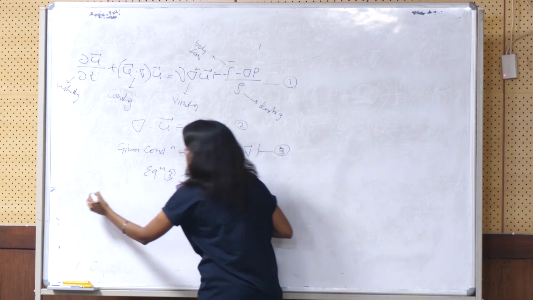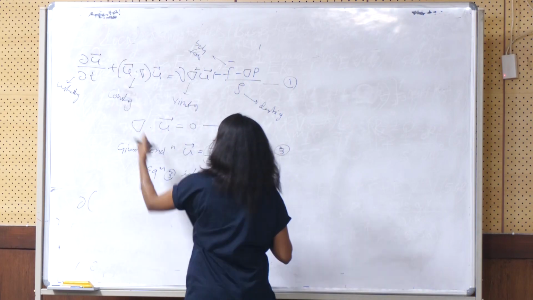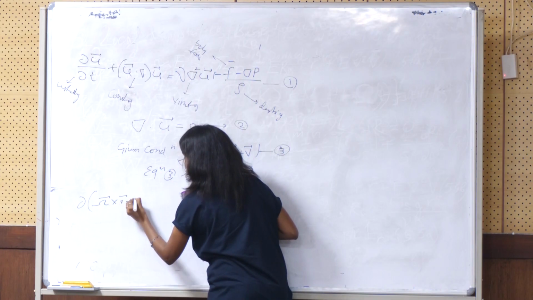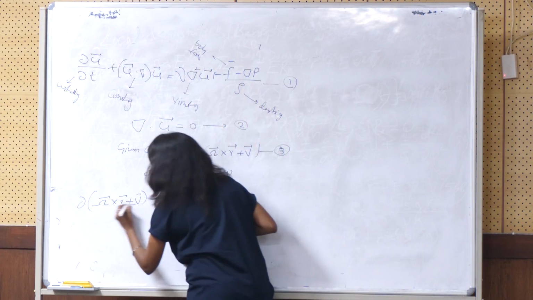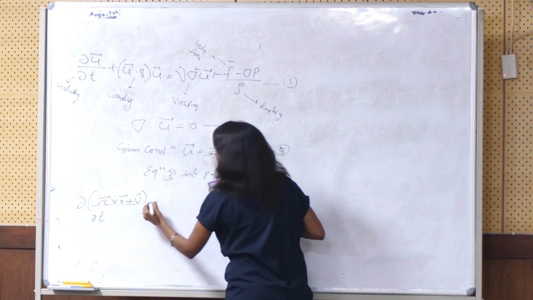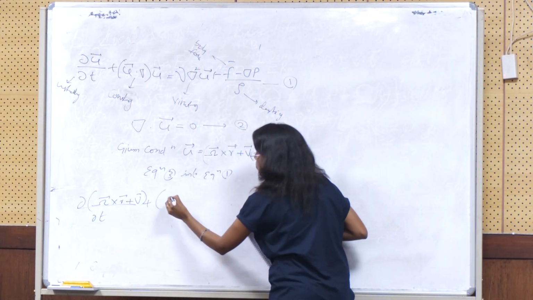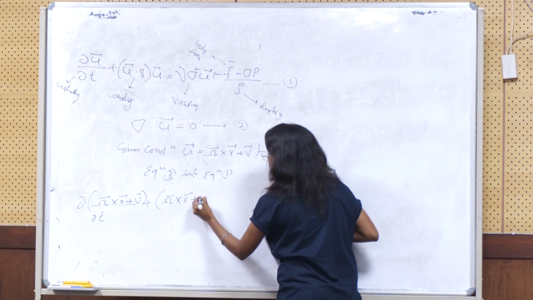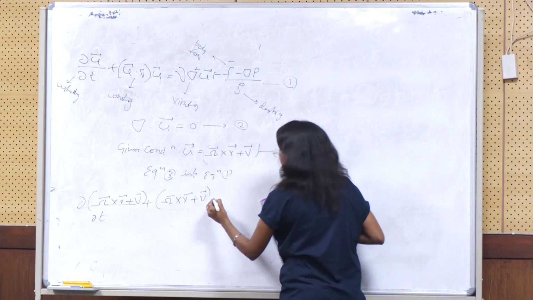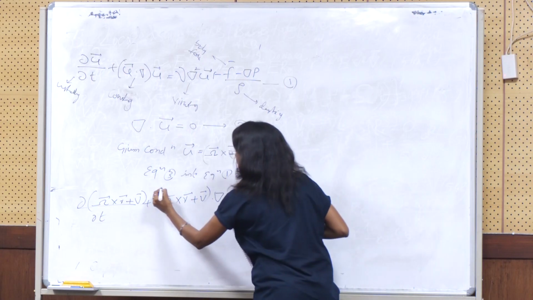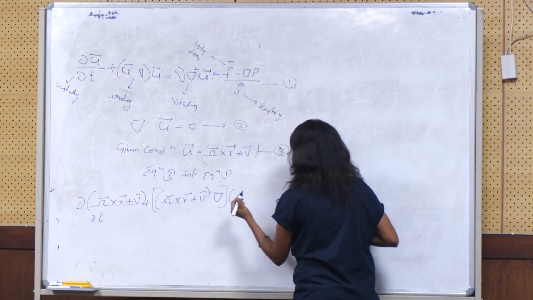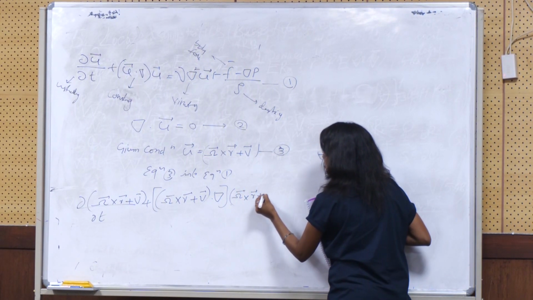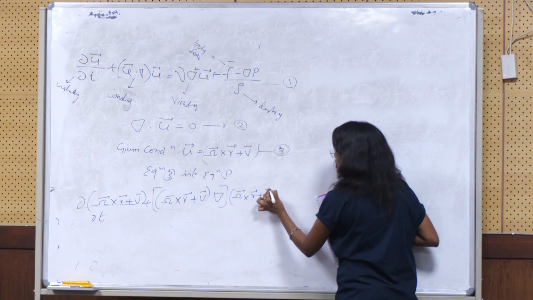That is, dou U bar by dou t, where U bar is omega bar cross R plus V bar, plus U bar, the same, omega bar cross R plus V bar, dot nabla, again U bar is omega cross R plus V bar.